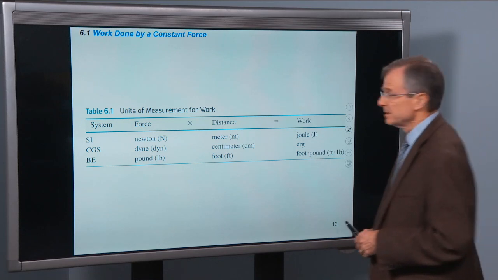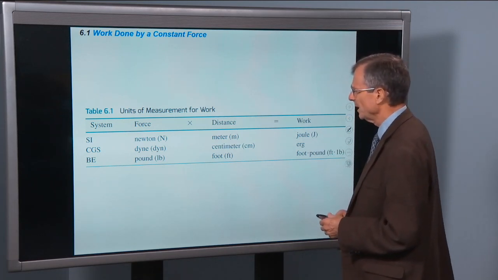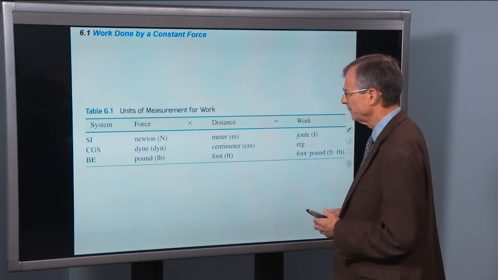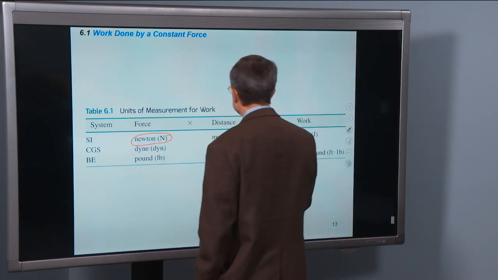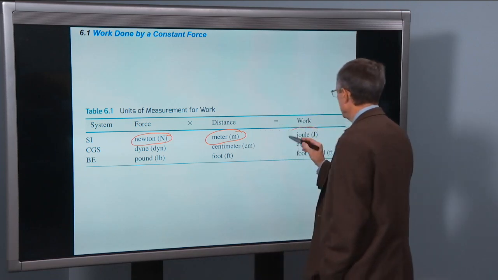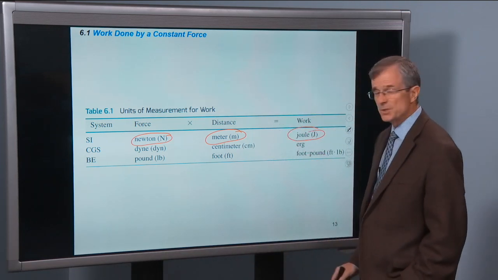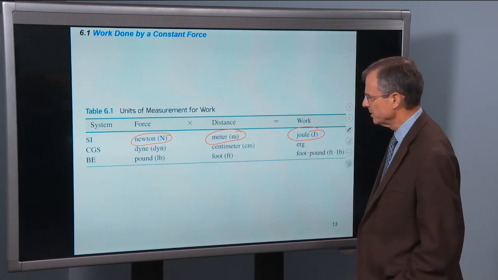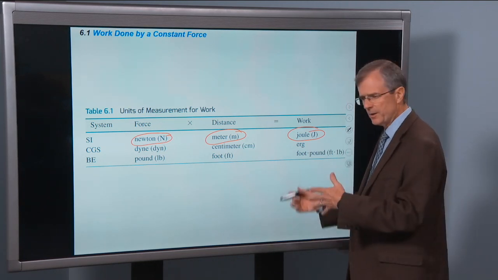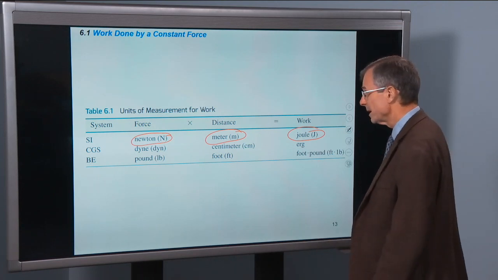Units for measurement of work, the only ones we'll really be interested in are SI units. Force is in newtons, distance is in meters, the work done is in joules. But just so you know what other systems of units, what units they use, in case you encounter them in whatever context.